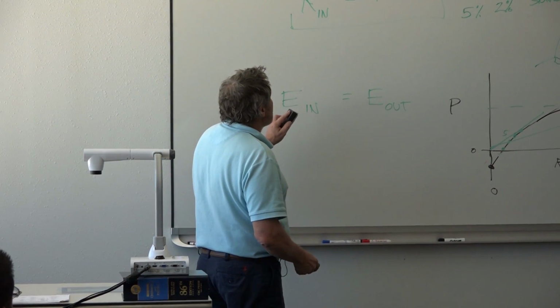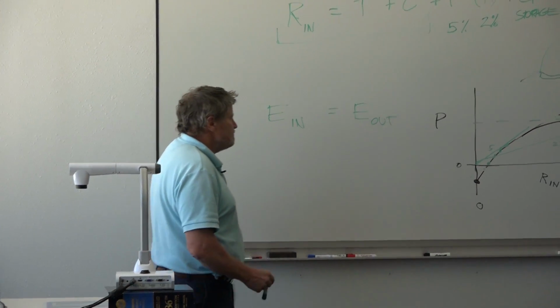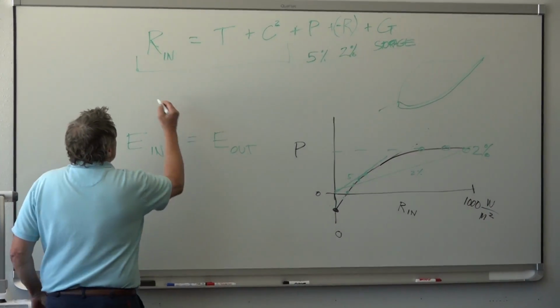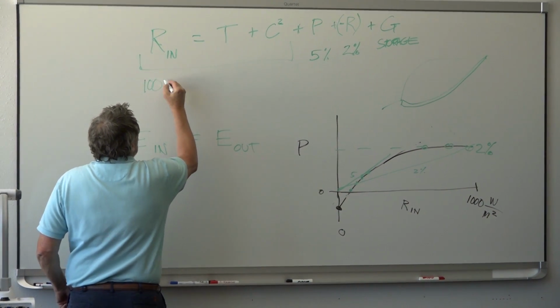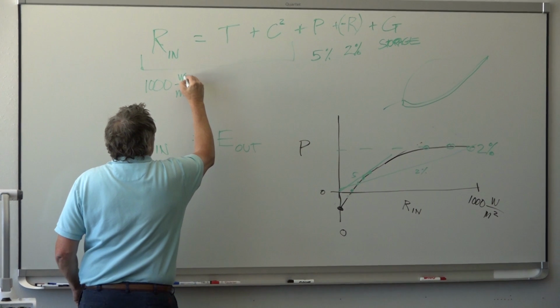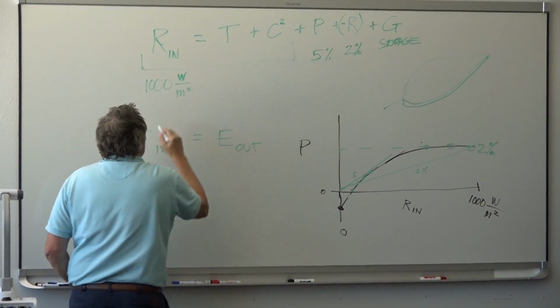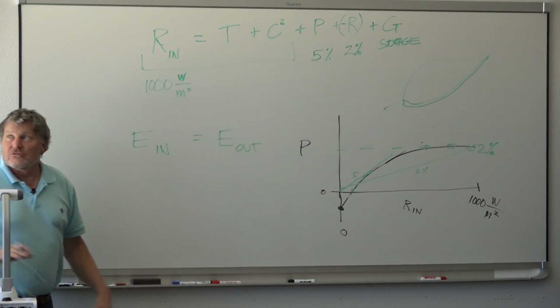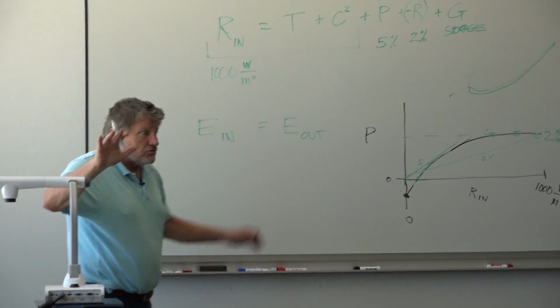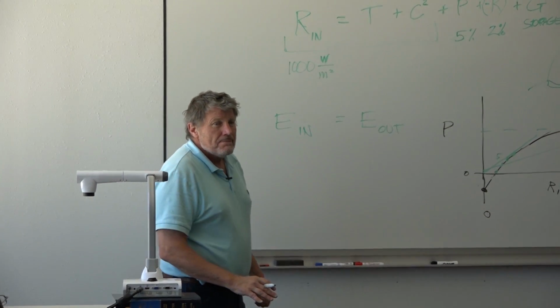So let's say we have radiation in of 1,000 watts per meter squared. This is a nice number to remember because right now that's about the radiation outside this classroom coming in.